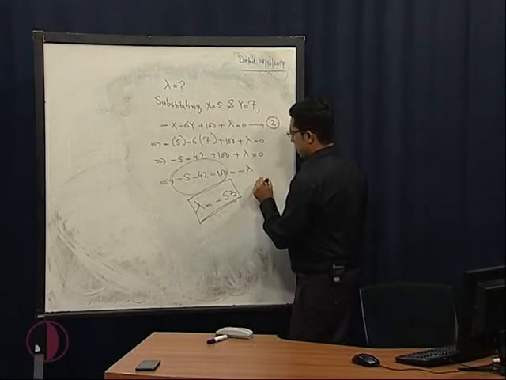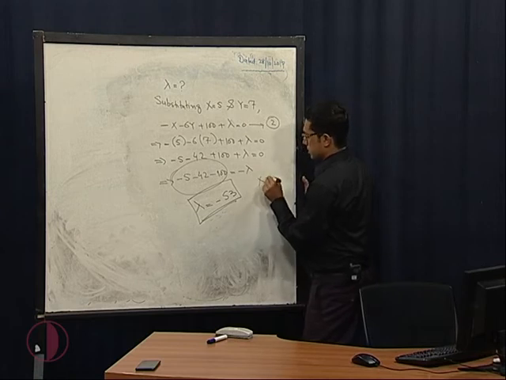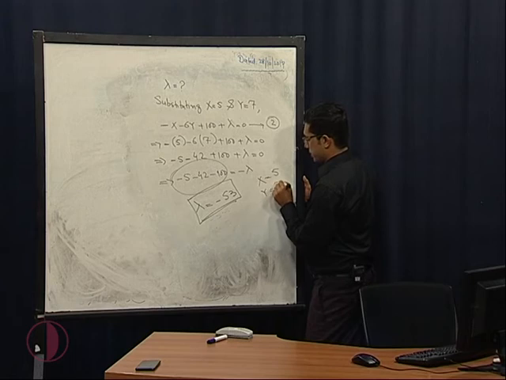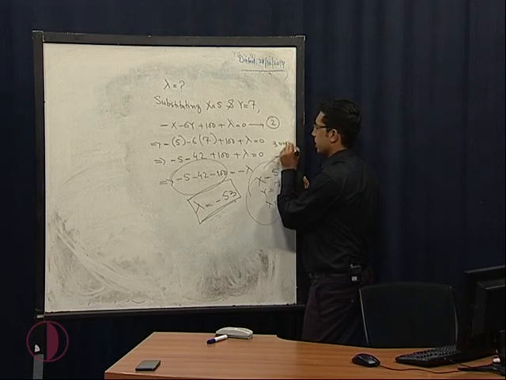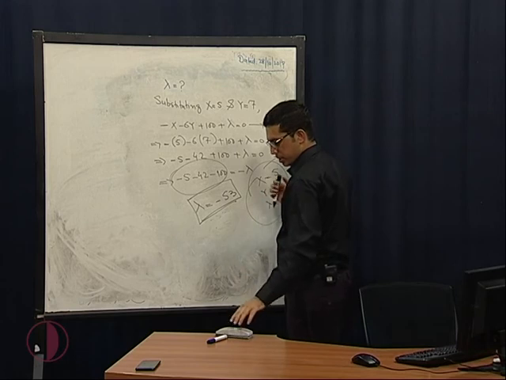So x was 5, y is 7 and lambda is equal to minus 53. These were three unknowns in the Lagrangian function.